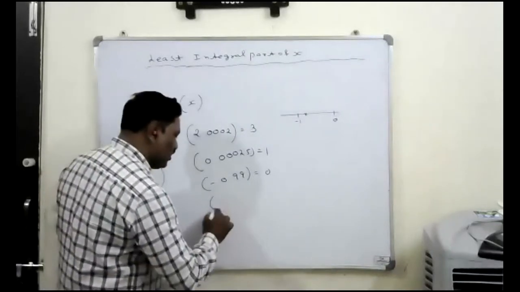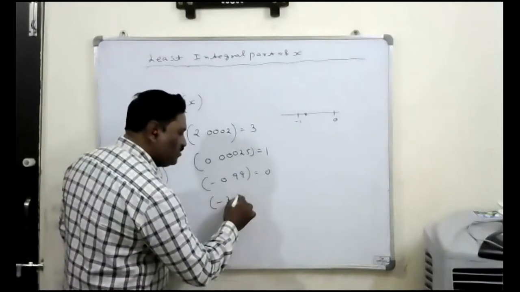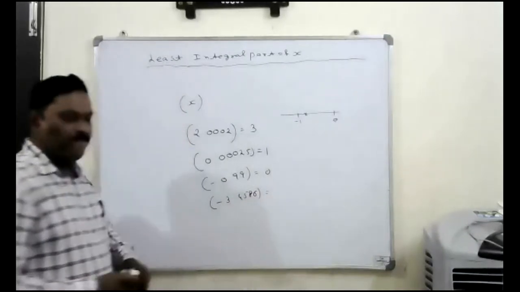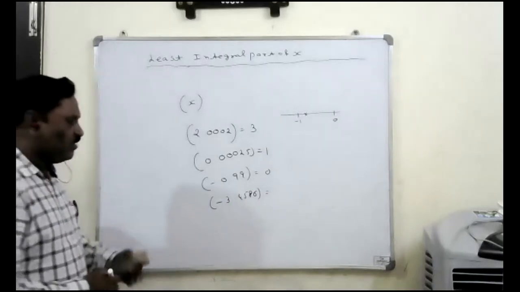And what is the least integral part of minus 3.4586? What's the least integral part of this?